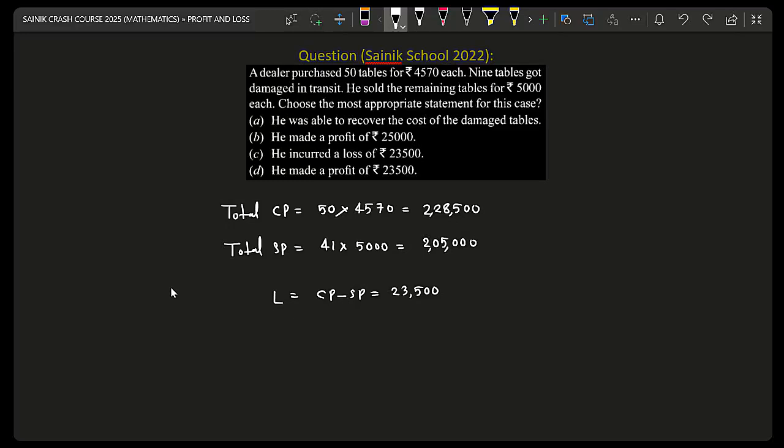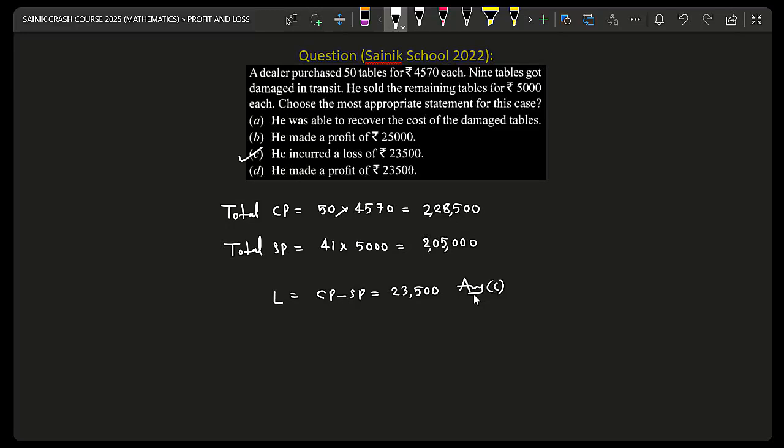Yes, C is correct. He incurred a loss of 23,500. But I want to explain option A, that he was able to recover the cost of damaged tables. How many tables got damaged? 9 tables. He invested 4,570 on each of them, but they got damaged and it was a waste investment.